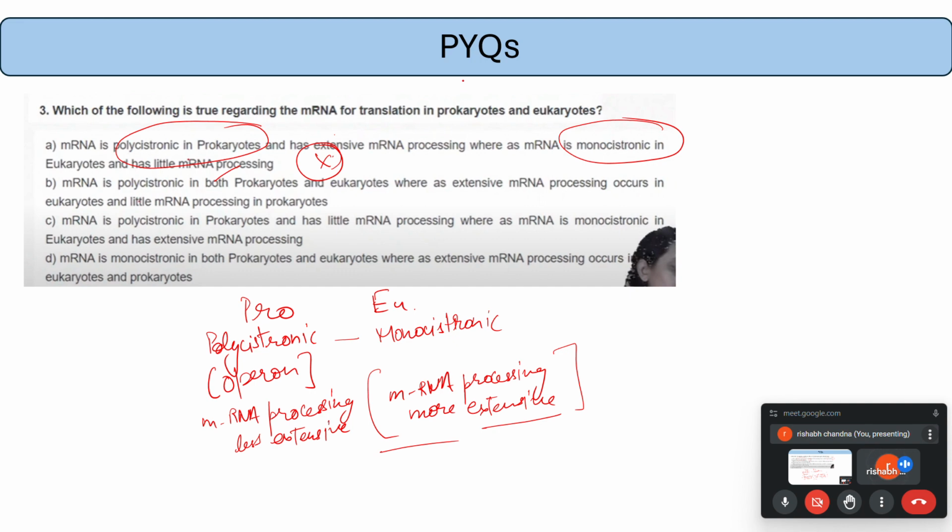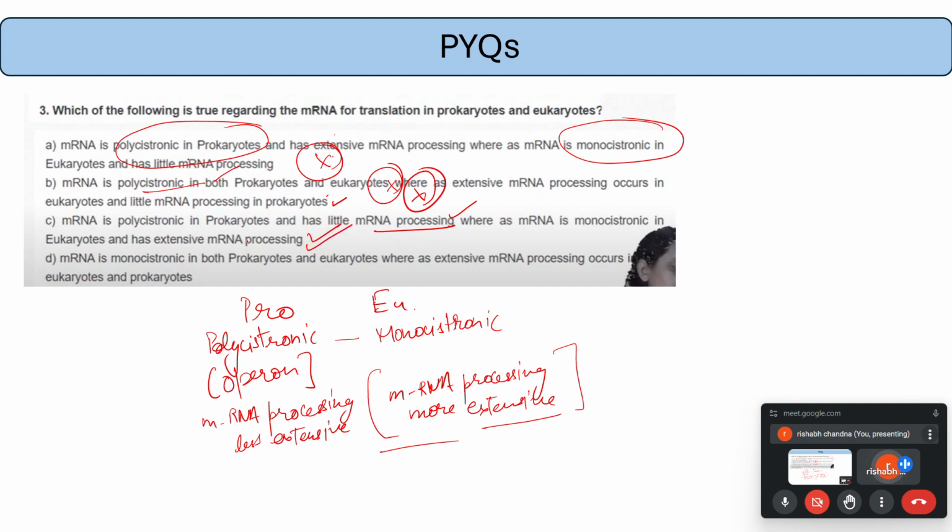Moving on to the next option, mRNA is polycistronic in both prokaryotes and eukaryotes. That is conceptually wrong because in prokaryotes it's polycistronic, but in eukaryotes it's monocistronic, and extensive mRNA processing occurs in eukaryotes and little mRNA processing in prokaryotes. That is correct, but the option is wrong. mRNA is polycistronic in prokaryotes and has little mRNA processing, whereas mRNA is monocistronic in eukaryotes and has extensive mRNA processing. Yes, this option is correct.